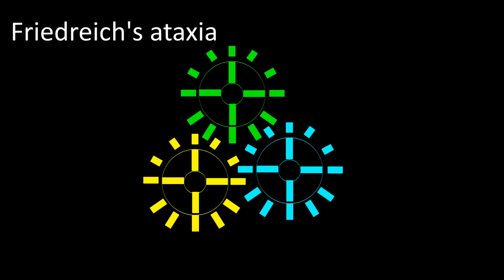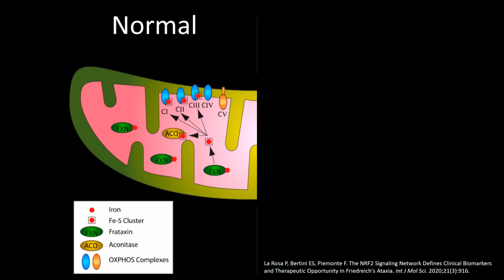What is the mechanism of Friedreich ataxia? In the presence of good frataxin, iron in the mitochondria does not cluster and iron joins sulfur. This is important for the function of mitochondrial complexes 1, 2, and 3 and aconitase.